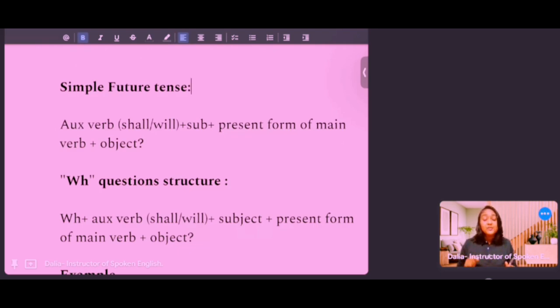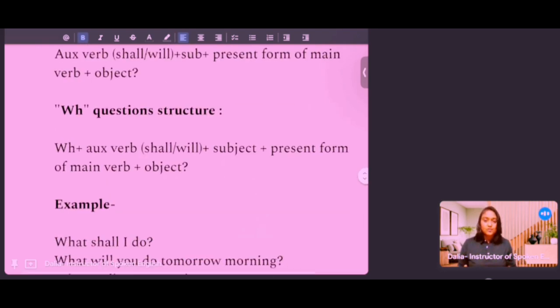Now, if you have to make WH questions of simple future tense, what should be the structure? Very simple. As I discussed in my last video, just bring the WH word to the beginning of the sentence, and then follow the general structure of an interrogative sentence. Now look at the sentence structure.